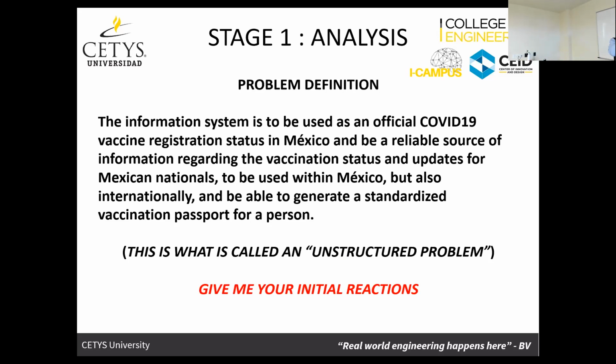For example, I don't know if any of you have had to travel by plane, but there are certain restrictions when traveling to and from a country where in some cases you need to present a negative COVID test as well. And you either have to bring that on paper or somehow. So even that information would be useful to have in this integrated system, okay? This is why these are called unstructured problems, because there are a lot of pieces of the puzzle that are missing.